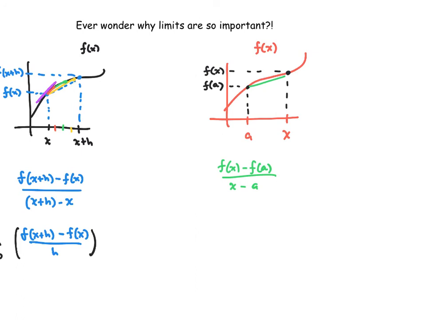All right, so what if I crept x back to a? And I'd start getting these secant lines that would approach, as I get to this point, the instantaneous rate of change at a, right? That's the slope at a, or at least approaching it. So the limit as x approaches a of f of x minus f of a over x minus a is equal to the derivative of f at a.